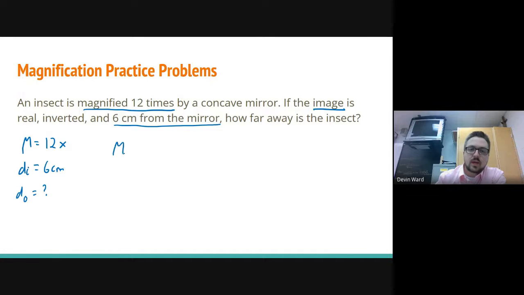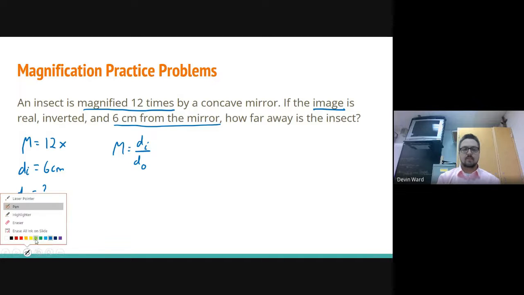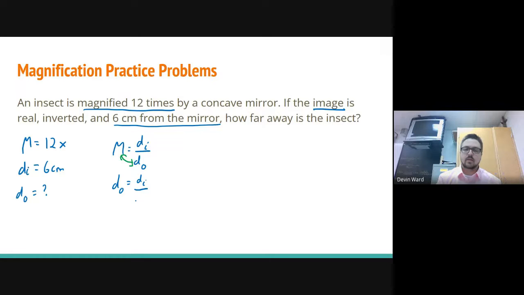Here we have M equals DI all over DO. Now to find DO, you can multiply both sides by DO and then divide both sides by M, but what happens is we'll just switch those two. If you want to make a triangle, you can make a triangle if it helps you, but it's not good for your math if you go farther along.